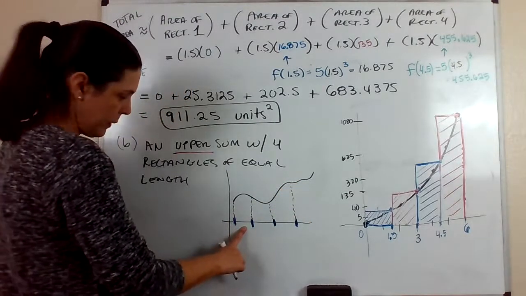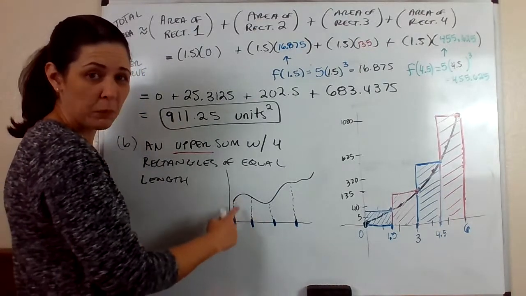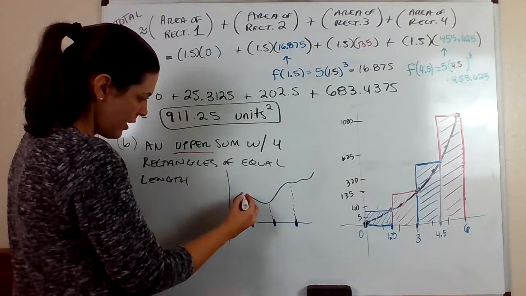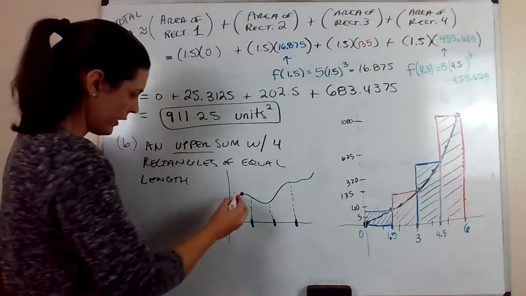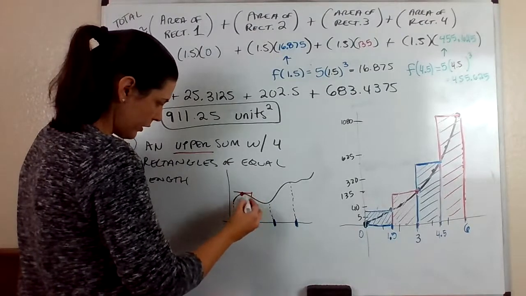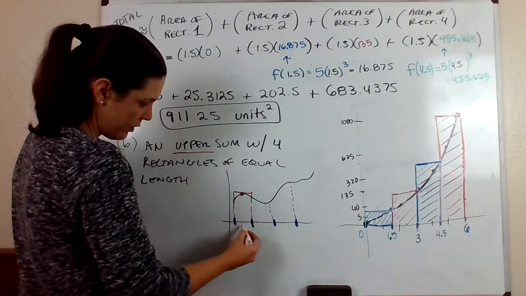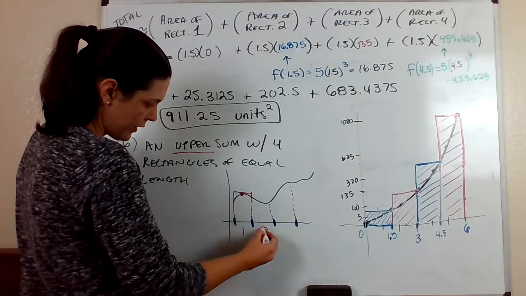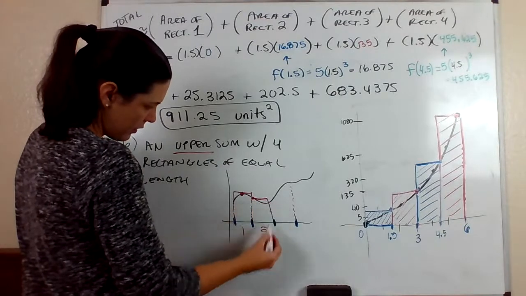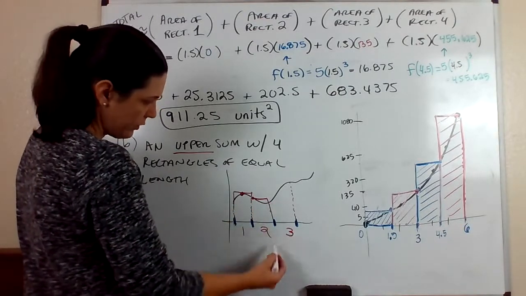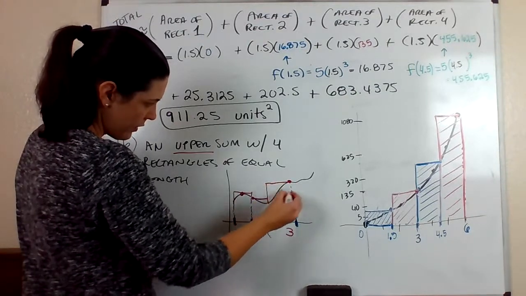In this first rectangle, the highest part would occur somewhere in the middle, right toward the middle area, because that's the highest point on the curve. On the second rectangle, it might occur maybe right there. On the third rectangle, this definitely looks like the highest point, so it happened on the right side.